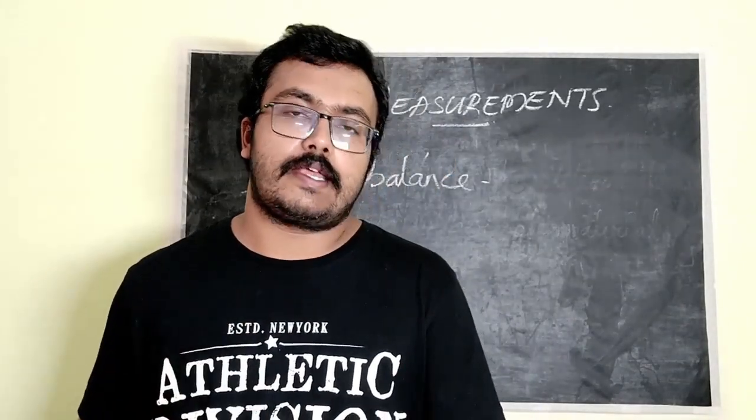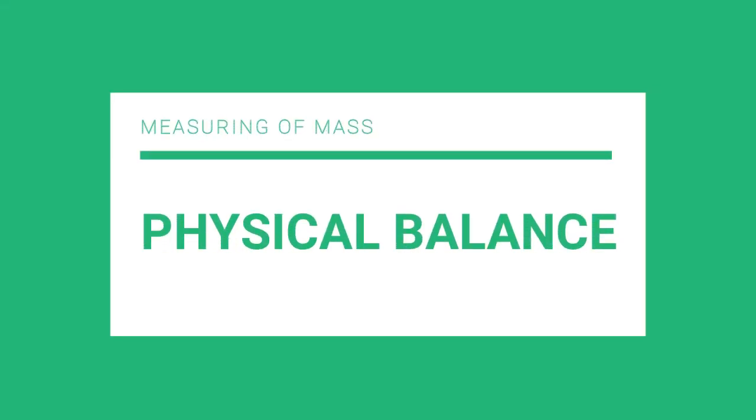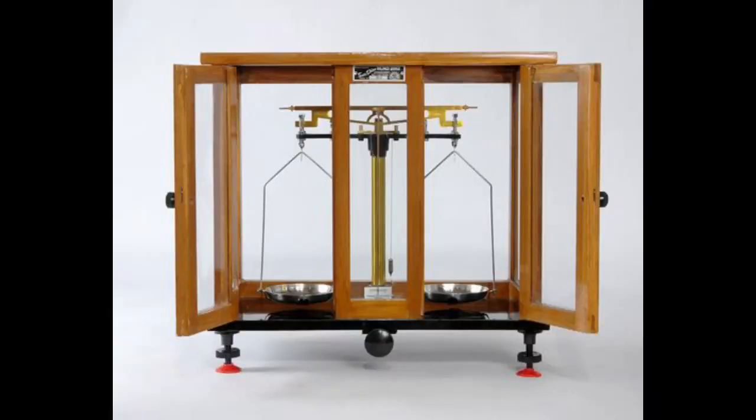Okay, next we'll go to the second concept. A physical balance is used in laboratories where a high degree of accuracy is needed. A physical balance can measure accurately up to a milligram. Hence, it can be used to measure the mass of a piece of gold or diamond.